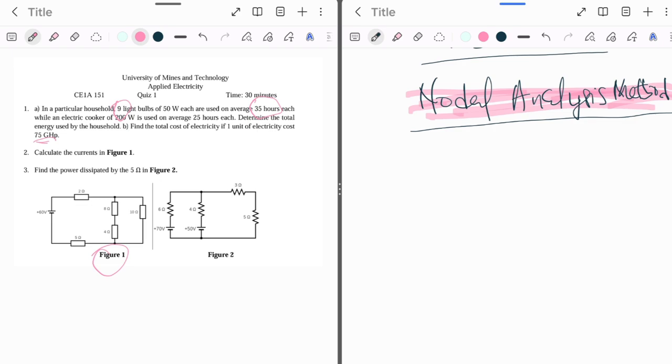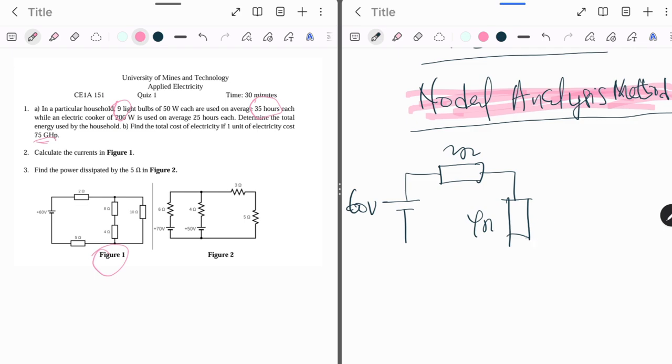So we have here 60 volts. Then we have 22 ohms here. Then I have 4 ohms. Then this is 6 ohms rather. Here I have 8 ohms.